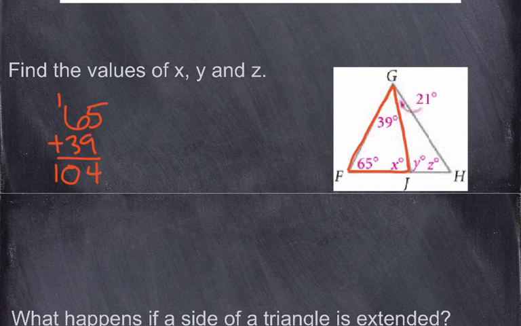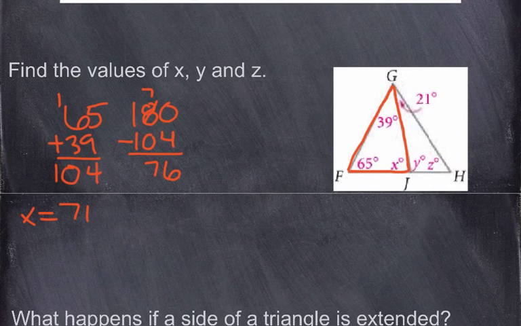And we know the third one has to add up with that to get 180. So then, therefore, we subtract that value from 180. So we end up with 76 degrees. So x is 76. So that's one of our answers.